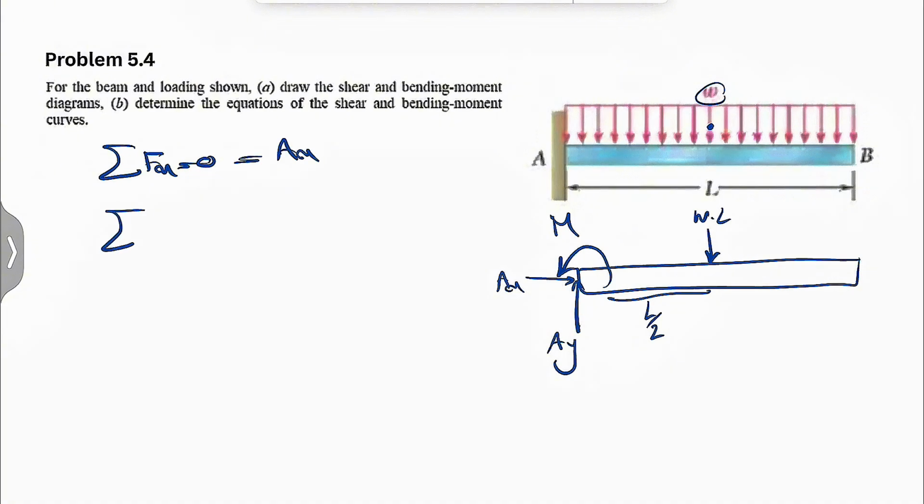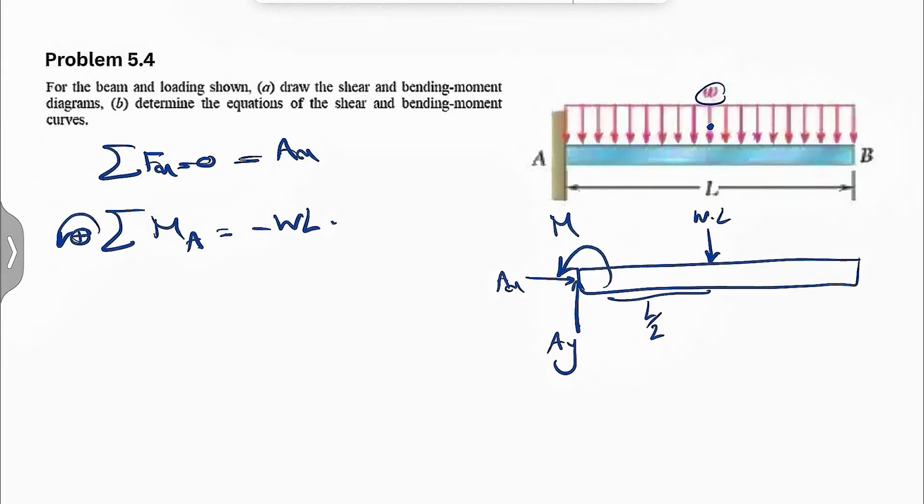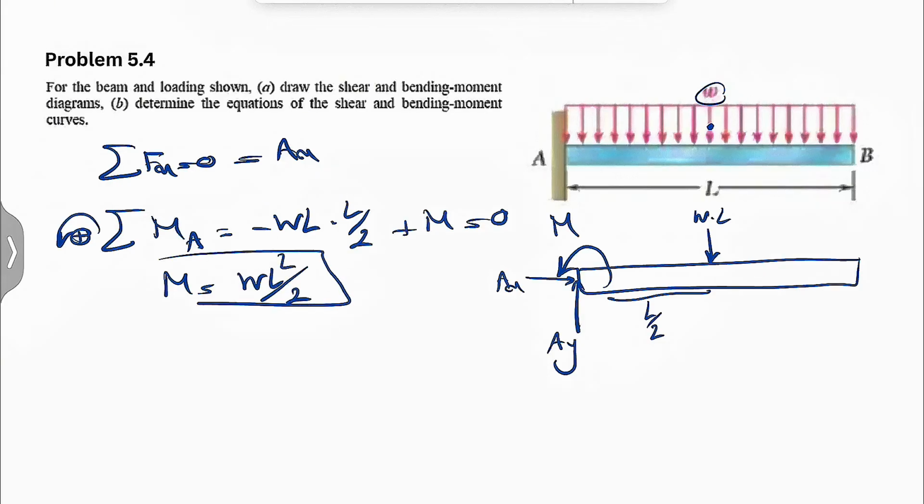We're going to do the moment about point A, counterclockwise positive, so we're going to have the moment of the distributed force, which is clockwise, so negative WL times the half distance of the beam, plus M equals 0. Our M would be WL squared divided by 2, and that's that.